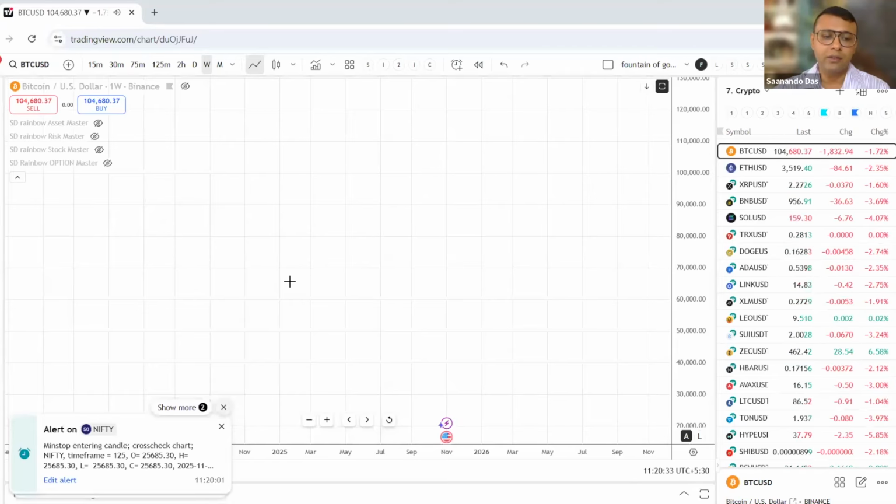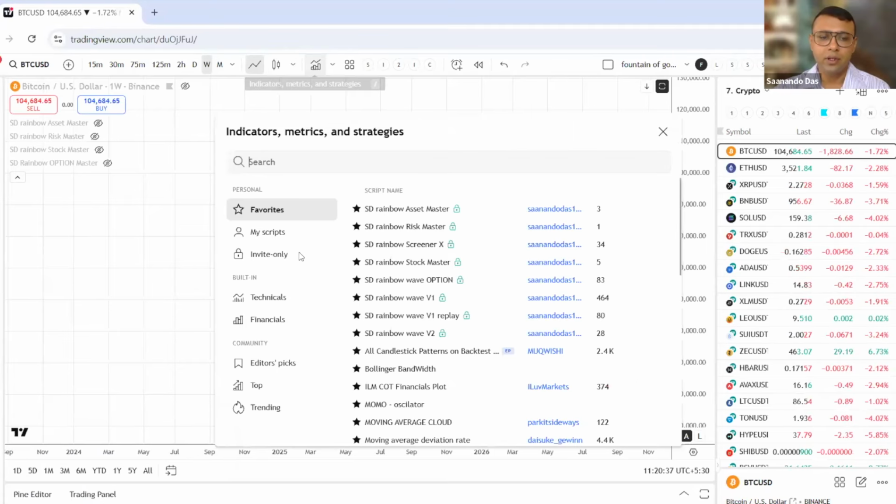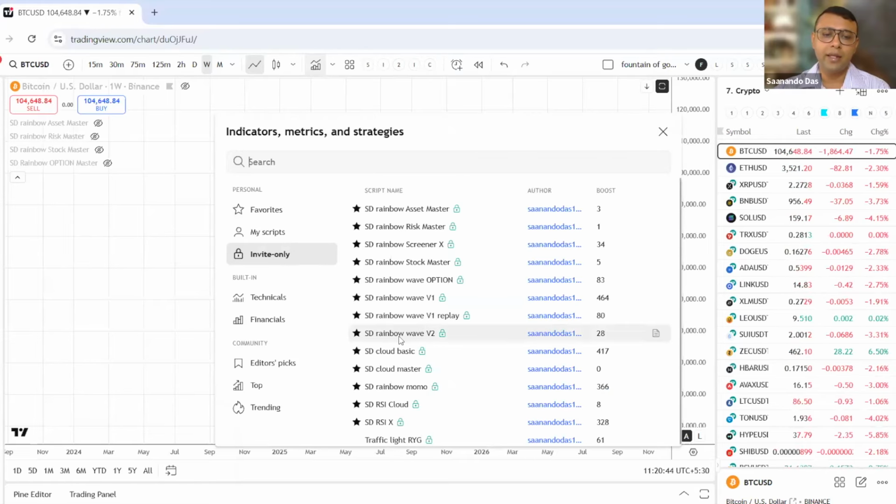Let me now take you to TradingView and first discuss which setup to use for crypto analysis. Go to indicators, and if you have been given access to the rainbow setup, you can go to invite only and SD Rainbow Wave V2, which is also known as Risk Master.